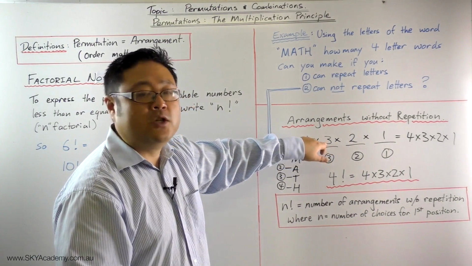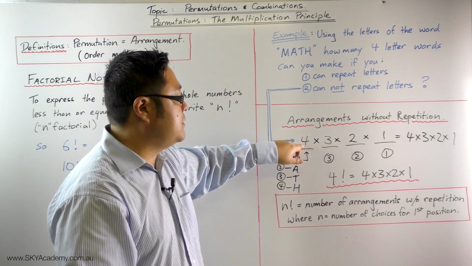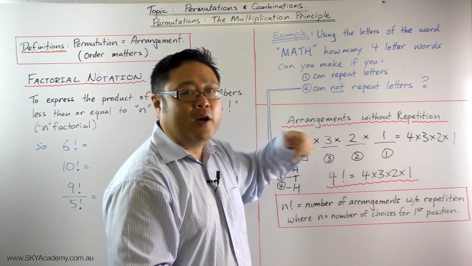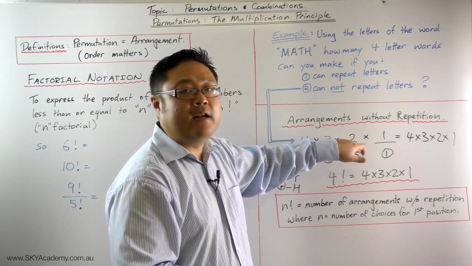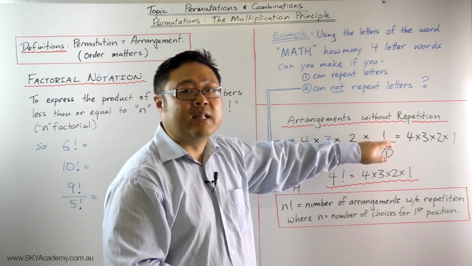There'll be 1 less for the third position, so you end up with 2. And whatever's left over, you'll only have 1 choice left for the last position.